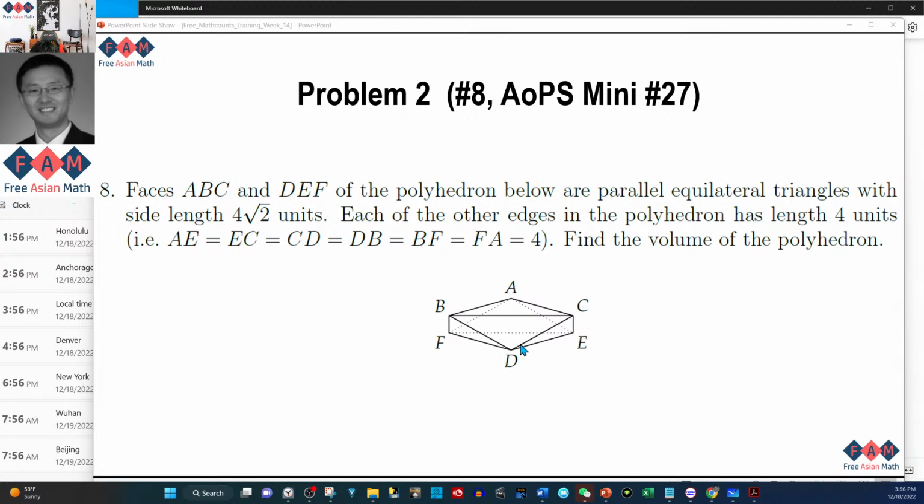Like CDE, what is that? Well, we don't know. DE is also 4 square root of 2, right? Because DEF is an equilateral triangle. So this is also 4 square root of 2. But DC is 4 and CE is 4 as well. So this is actually also a 45, 45 right triangle.